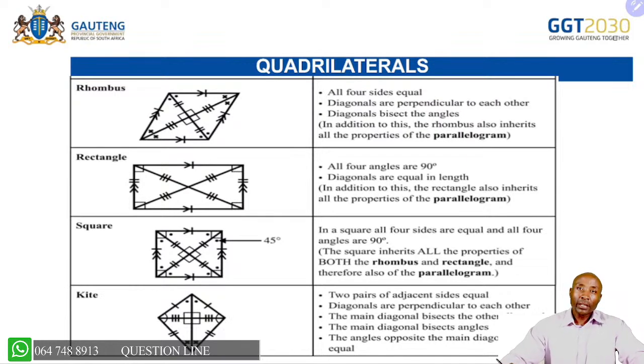These are the basic quadrilaterals that we must know their properties. I have listed them there. You will go through them at a later stage, and we have been doing them since grade 8. If I remember well, we do quadrilaterals from grade 8 up to grade 12. But somehow we forget these properties along the way.